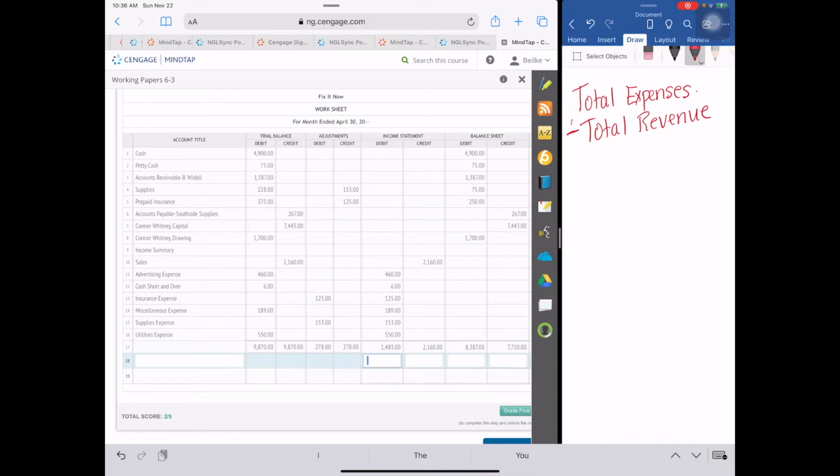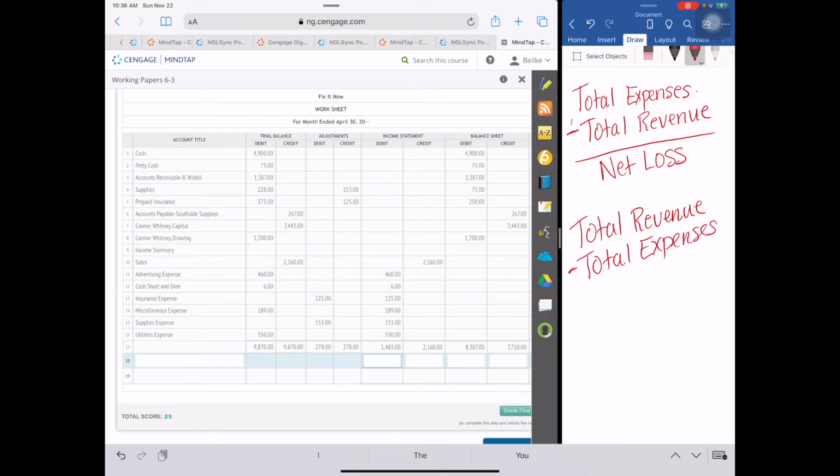If our total expenses is greater than our total revenue, we have a net loss. Again, we have more expenses than our revenue. If we have total revenue that is greater than our total expenses, we've made some money.